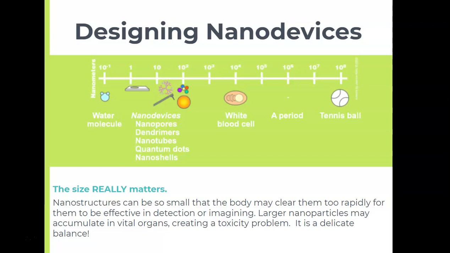We don't really have enough knowledge of using these things in people to have an understanding of how they would work. So it's possible that they might begin to accumulate in certain organs, and maybe it will cause a toxic problem. So the idea is to create something that will go into cells and last long enough before getting cleared away, but then also not stick around and clog things up and cause problems.